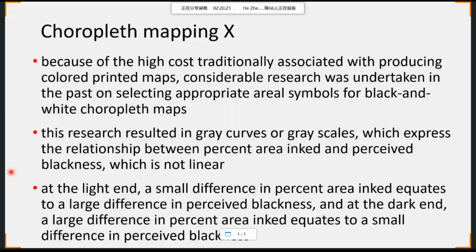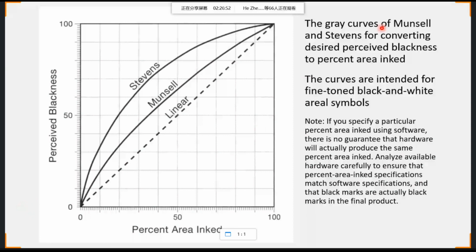At the light end, a small difference in percent area inked equates to a large difference in perceived blackness. At the dark end, it's the opposite. So here, a large difference in percent area inked equates to a small difference in perceived blackness. So if you check out such a gray curve, or here you have two of them, the gray curves of Munsell and Stevens, for converting desired perceived blackness to percent area inked.